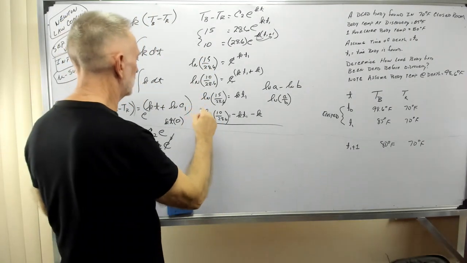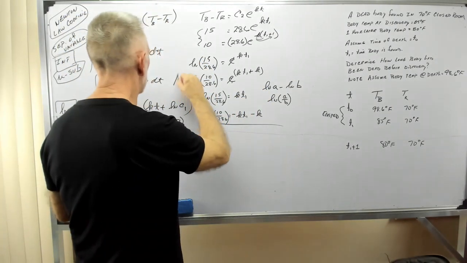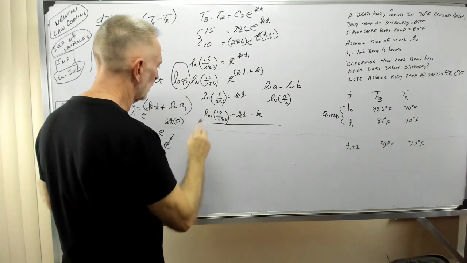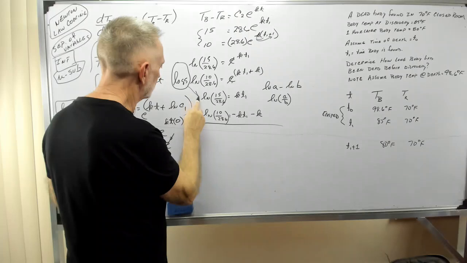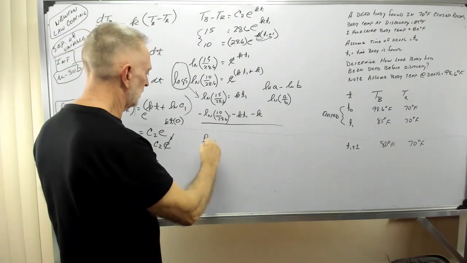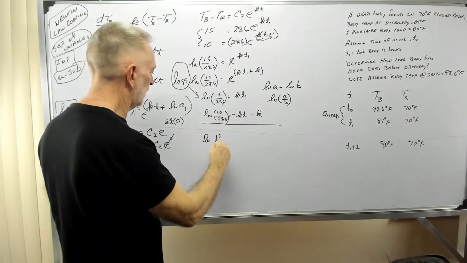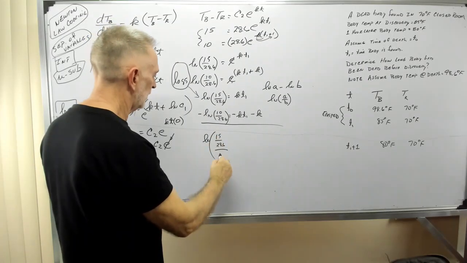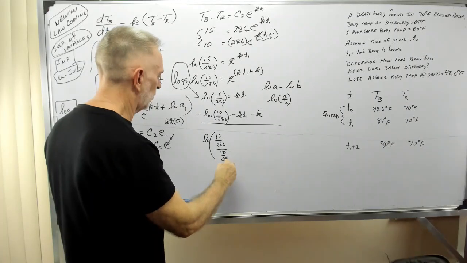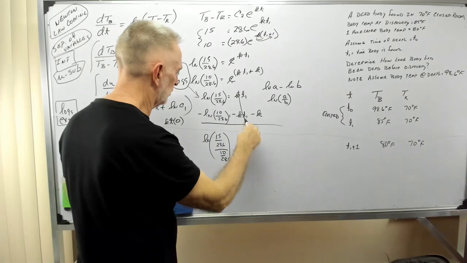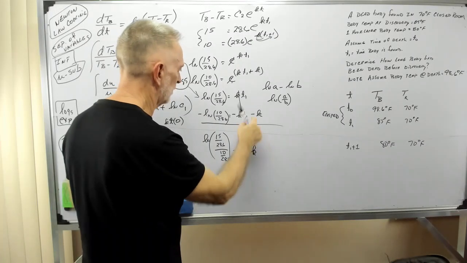So we've got another rule here, logs. So what can I do with this? I can say the natural log of 15 divided by 28.6, divided by 10 over 28.6, equals, these two cancel, minus k.